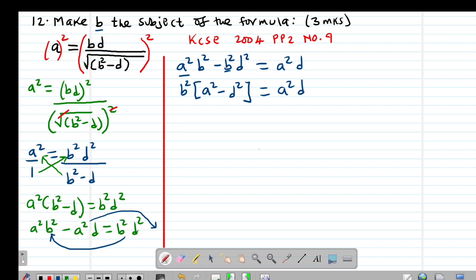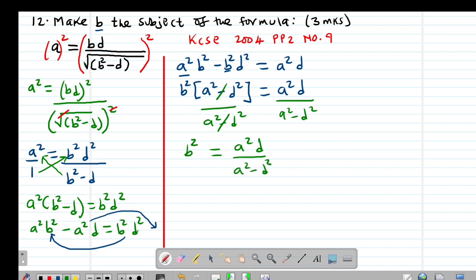So I'm going to divide through with the number in the bracket, which is A squared minus D squared. I also divide with A squared minus D squared. So these two will cancel out, so that my B squared will actually be equal to A squared D, then of course divided by A squared minus D squared.